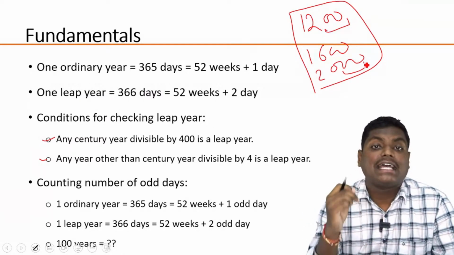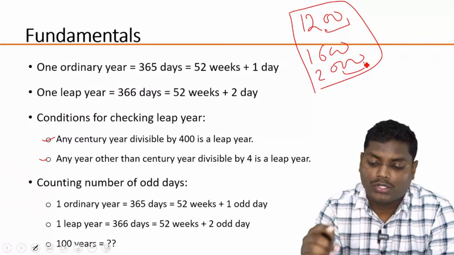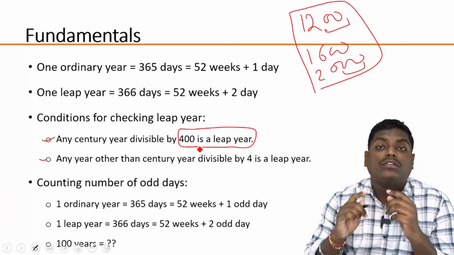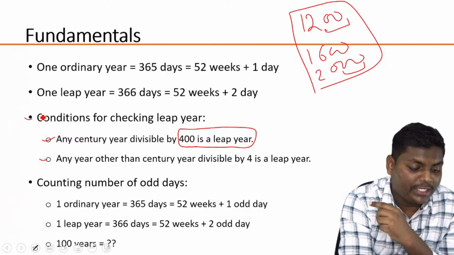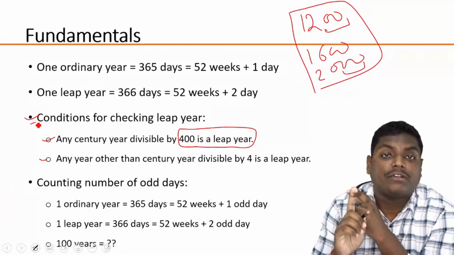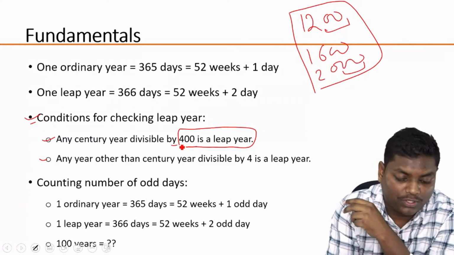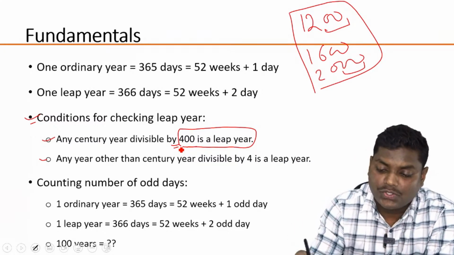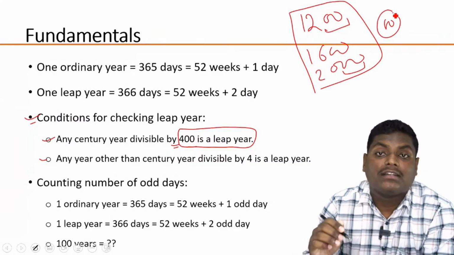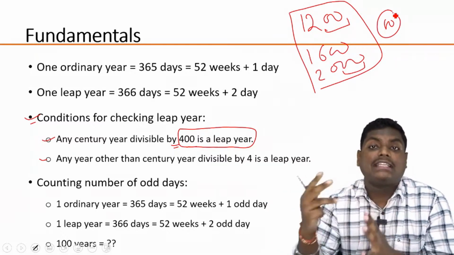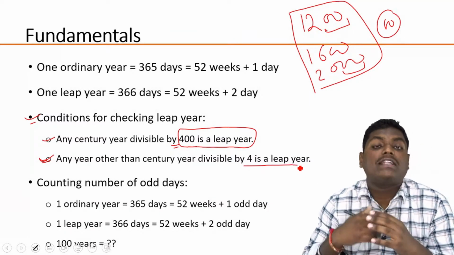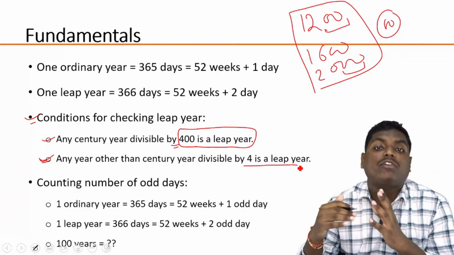So how do we check whether these years are leap years or not? For this, you have to divide them by 400. So the most important thing in checking for a leap year is that for centurion years, you need to divide by 400. And for any other year, where the last two digits are not zeros, you can just divide it by 4, and if it is completely divisible by 4, that will be a leap year.